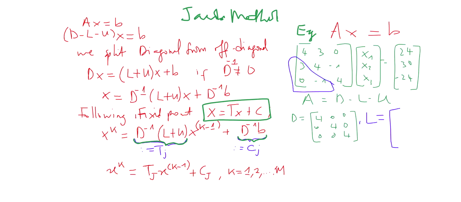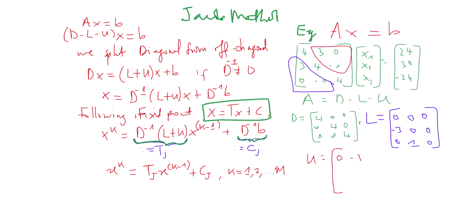So we will have 0, then all the terms there, which I'll make negative, so this is negative, negative, so I'll have a positive 1, and then 0, because all the other terms should go to 0. And then finally, our U, we can write it as this part here: 0, minus 3, 0, and 0, 0, and 1, and 0, 0, and 0.